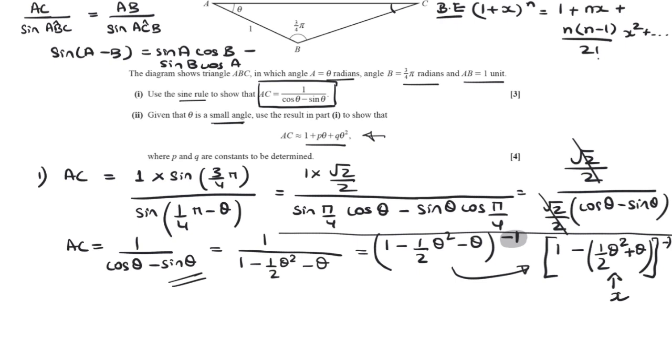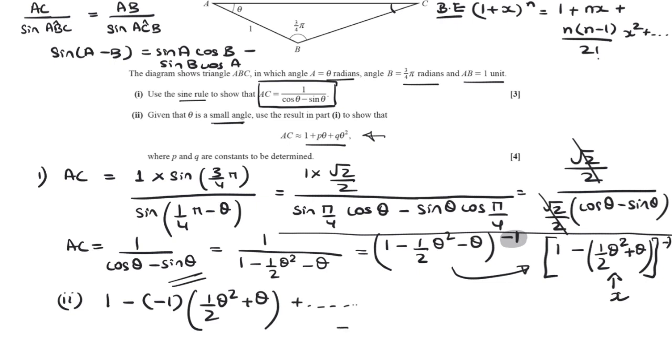For that, it's really simple, and I don't need to go very far because it's only asking me to go up to a theta squared term. If I go ahead and expand it, I get 1 and then minus, with n as minus 1, and then x, which is half theta squared minus theta, and so on. That's the good news, I don't need to do much.